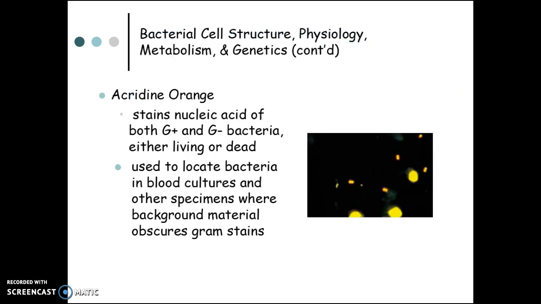Besides gram staining and acid-fast staining, we also have the acridine orange, which stains the nucleic acid of both gram-positive and gram-negative, and then we can use it to locate bacteria in blood cultures and other specimens where background material obscures the gram stains.